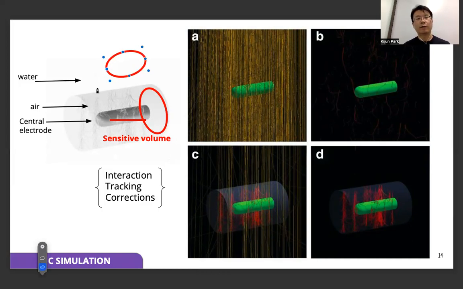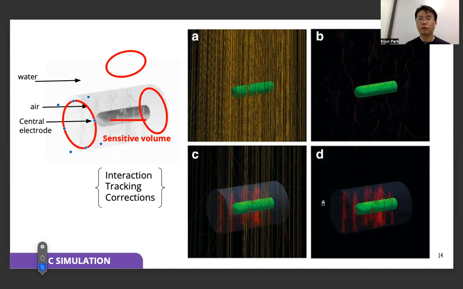So we can define this central electrode and the air capsule by the sensitive volume area, which is called the detector, meaning that inside of the detector there should be interaction processes and tracking processes, and we take into account the correction in order to get the correct dose calculation.